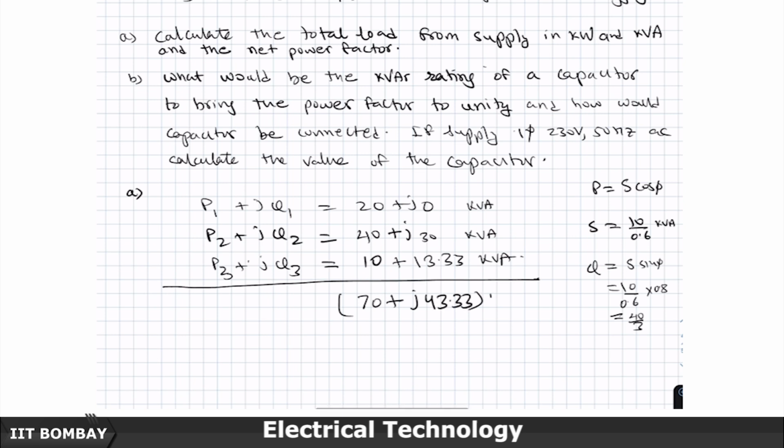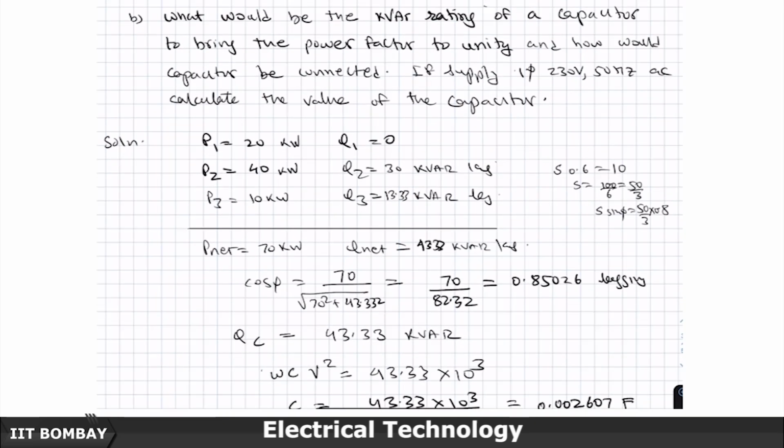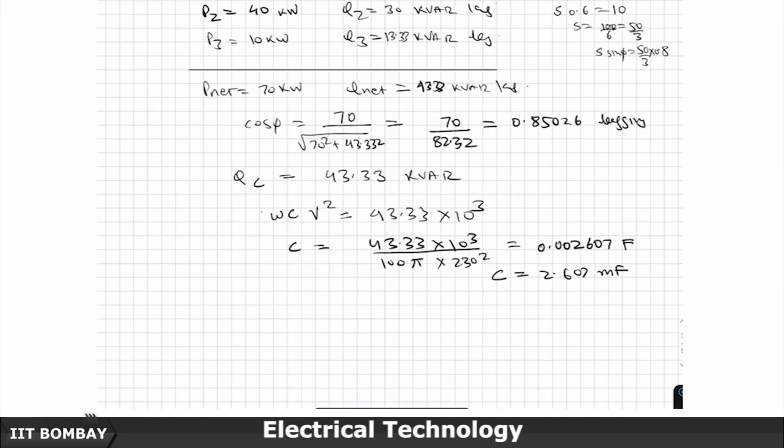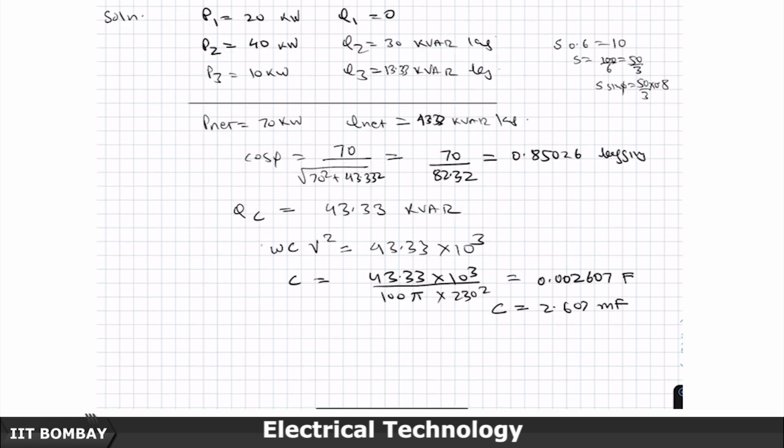So, you will get 40 plus 20 plus 10, that is 70, plus j times 43.33 kVA. So, calculate the total load from supply in kilowatt and kVA. So, kilowatt is obviously 70, and the other kVA asked is the S value, the apparent power value, which is the square root of 70 squared plus 43.33 squared.